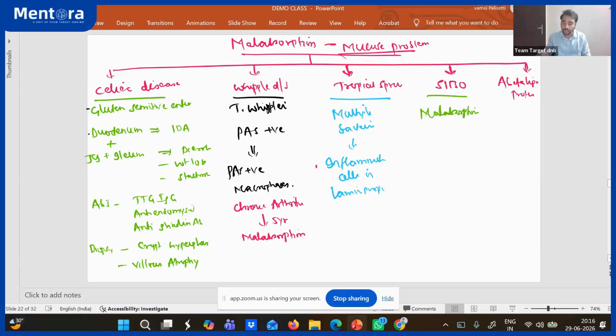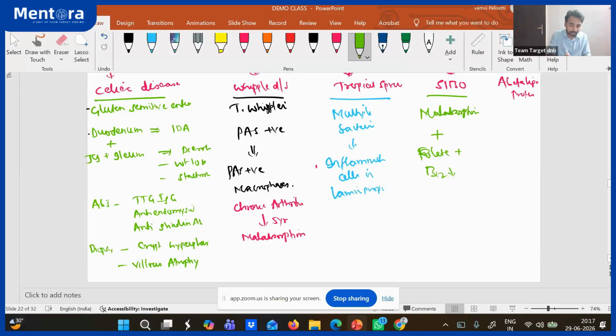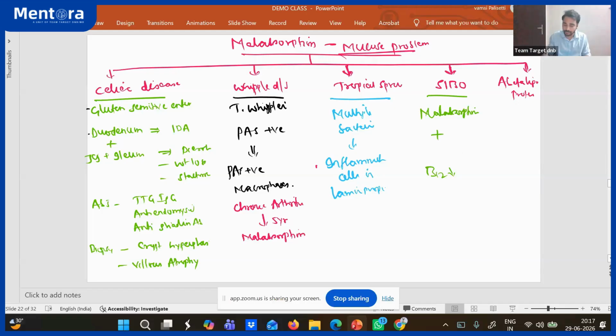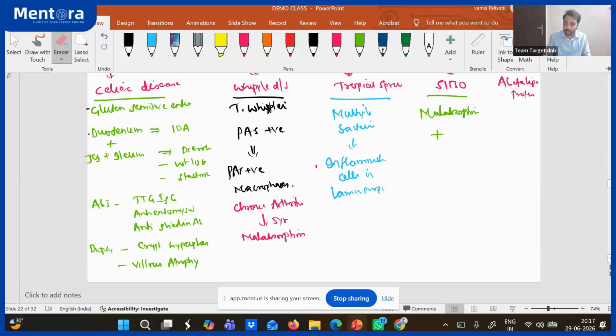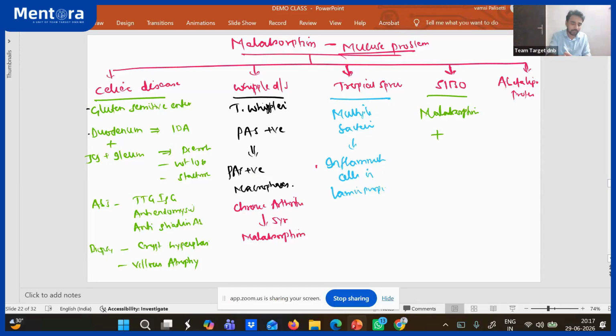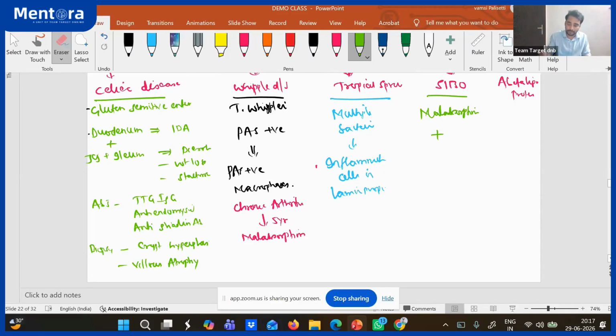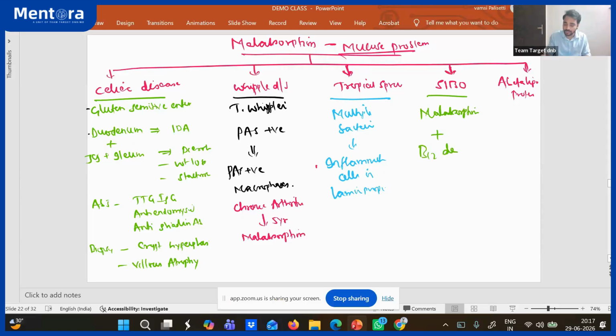The small intestine helps in absorption of B12, so they have B12 deficiency. But the important thing in SIBO is, the bacteria are producing more amounts of folate, so folate is elevated. Very important. Okay, folate is elevated.